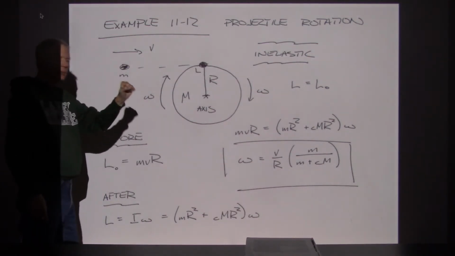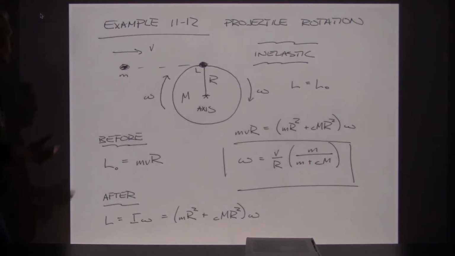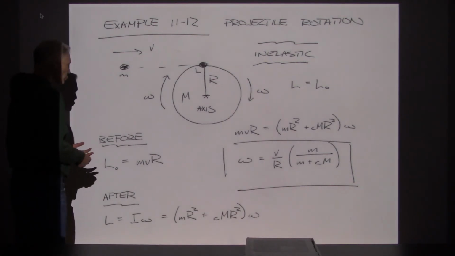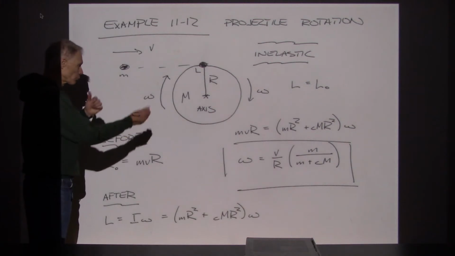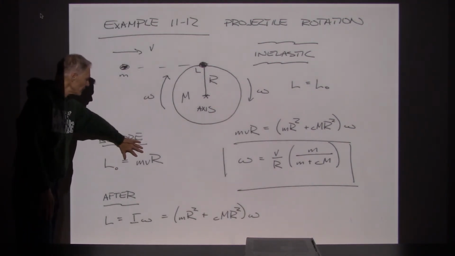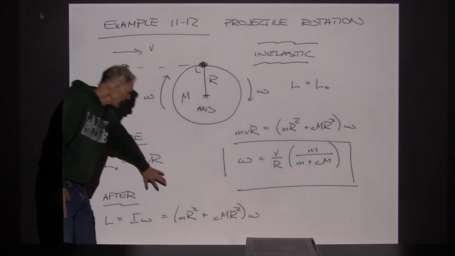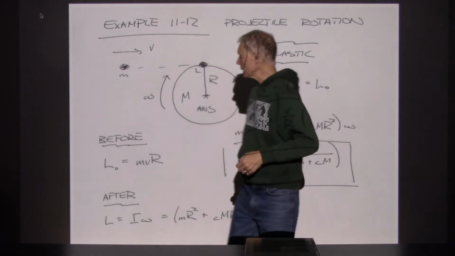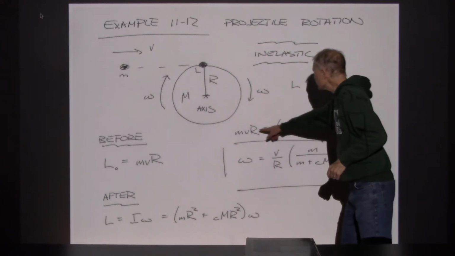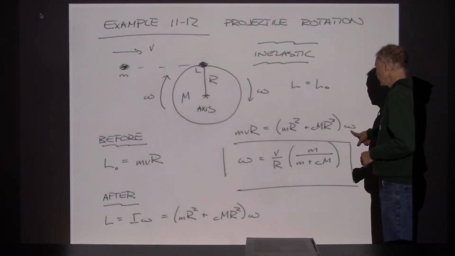If I have an object with mass m a distance r from an axis of rotation, that's an amount of inertia mr squared. So I can combine the two formulas. I take mvr, how much angular momentum we start with, and set it equal to the angular momentum after the collision. That gives us mvr equals mr squared plus cMR squared, times omega.